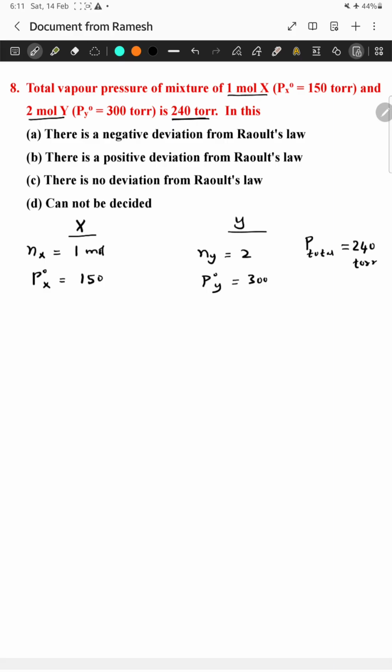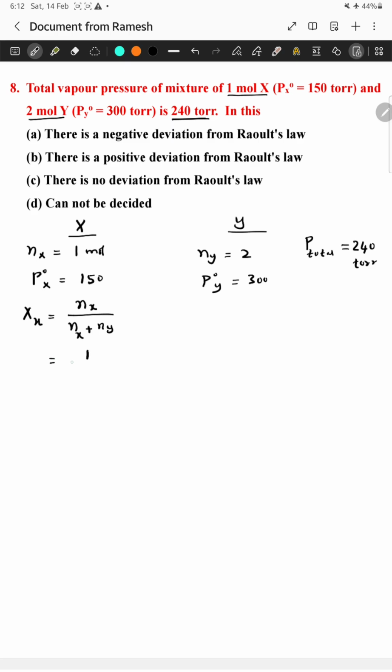Now they're asking whether it shows negative deviation, positive deviation, like that. To identify that, we have to find out P total using Raoult's law. Before calculating P total from Raoult's law, first let us calculate the mole fraction of X. Mole fraction of X, chi of X, formula: number of moles of X by total number of moles, Nx plus Ny.